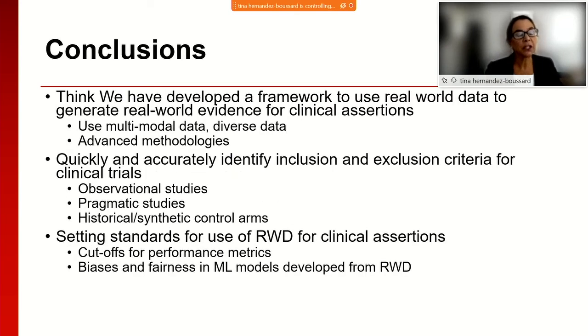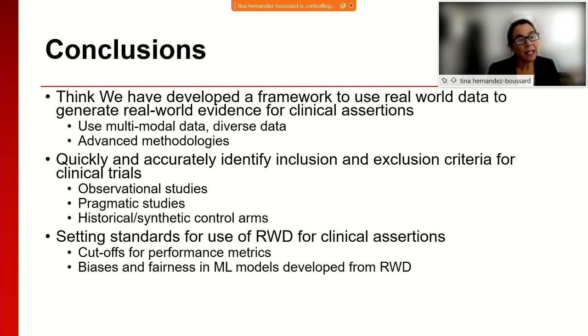So in conclusion, we have developed a framework to use real-world data to generate real-world evidence for clinical assertions. When we pull our data together, we try to capture as much data as possible, so we're not looking just at the structured data in the EHRs, but we also include the unstructured data, patient surveys, etc. We're also using advanced technologies, such as natural language processing, machine learning, and deep learning, so that we can really leverage all the diverse information that's captured in the EHRs.